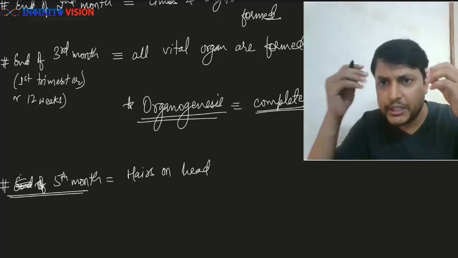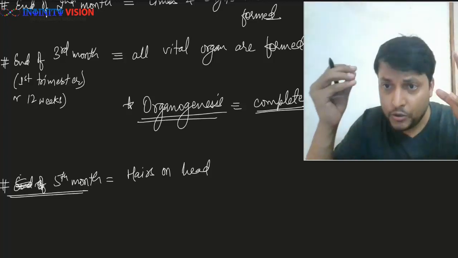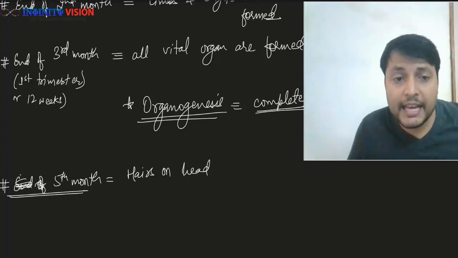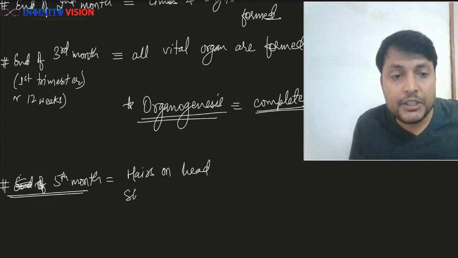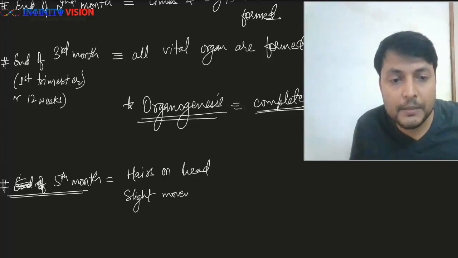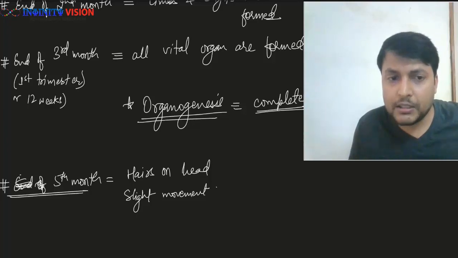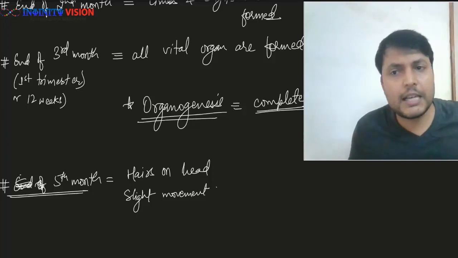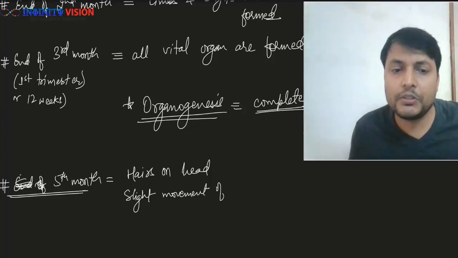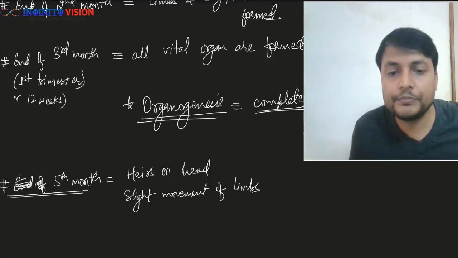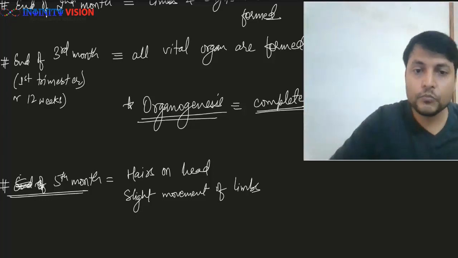So in the fifth month we start to see hairs on the head of the fetus, as well as slight movement of limbs. So by the fifth month we start to experience slight movements, mainly the movements of limbs. Great.